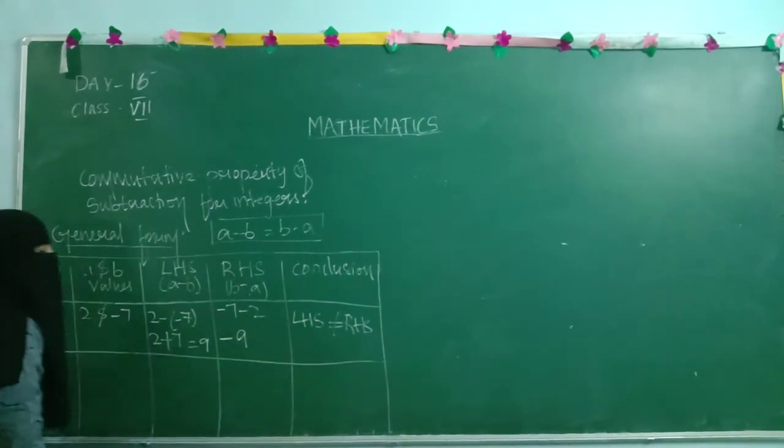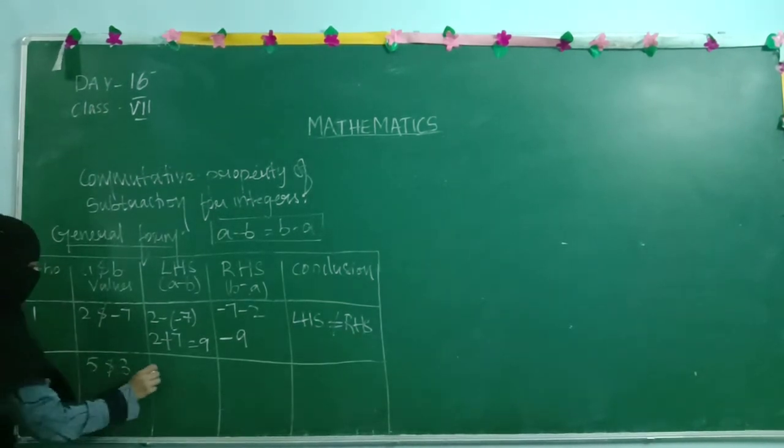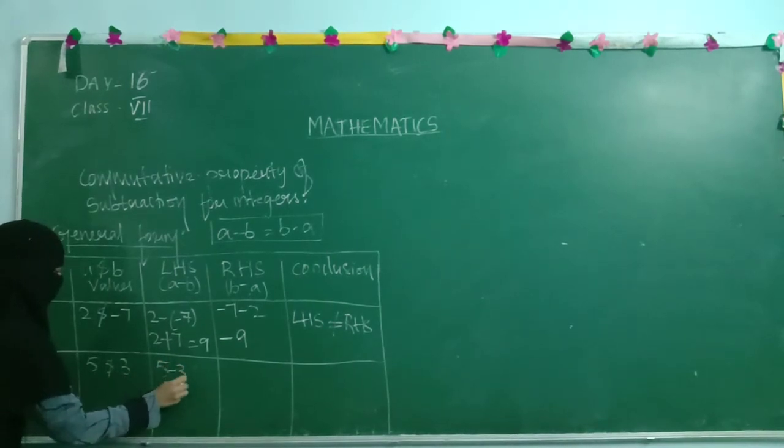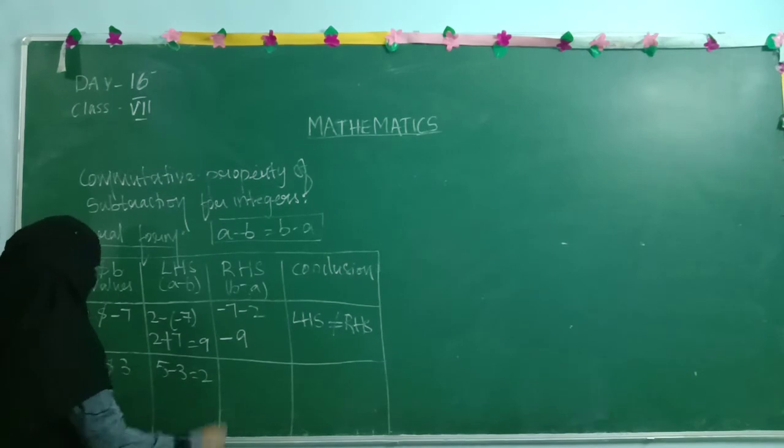Here in the first case one number was positive and one negative. Now I will take both positive, 5 and 3. First we have to do a minus b. What is a? 5 minus 3, which is 2. Now b minus a. What is b?